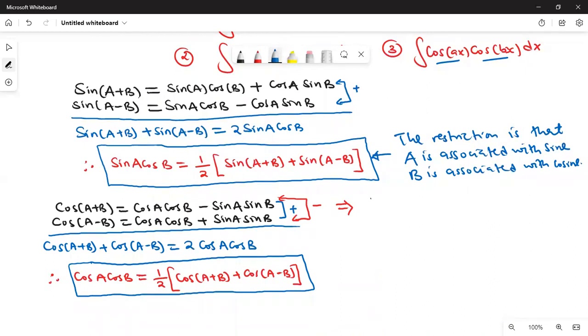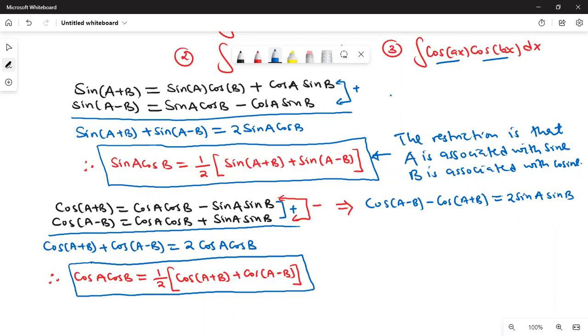So I'll be having now cosine of A minus B minus cosine of A plus B should be equal to 2 sine A times sine B.